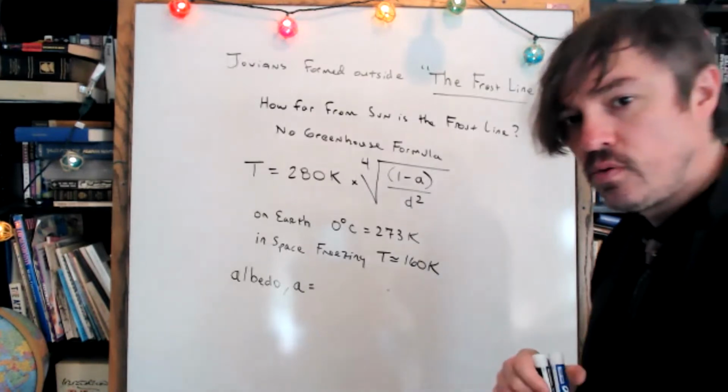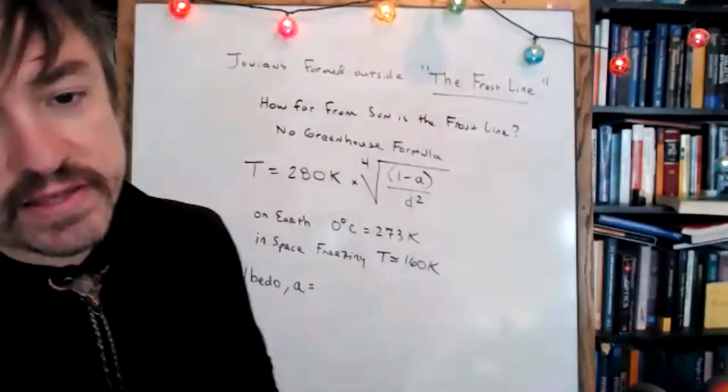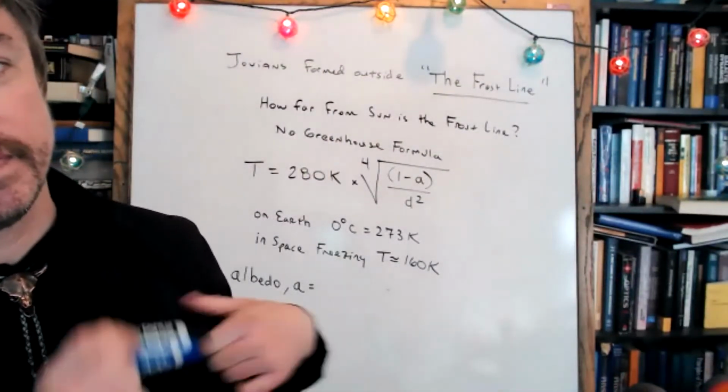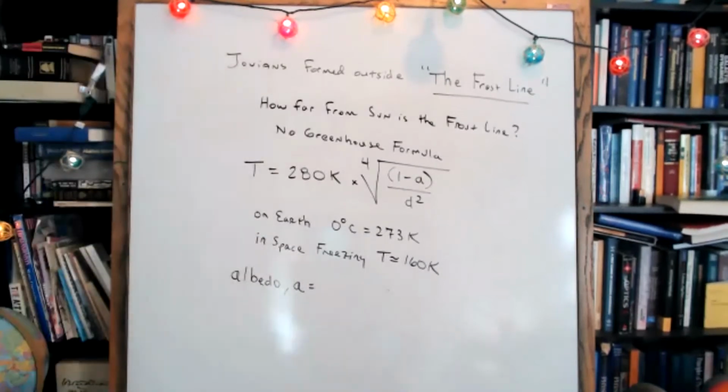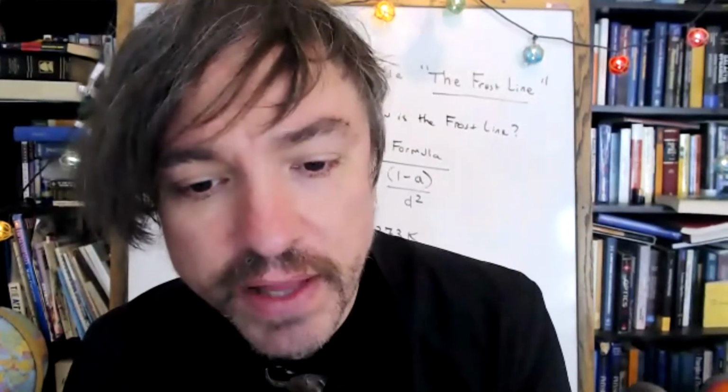Right. Whether it's shiny and reflective or dark and absorptive. Would ice in space be shiny and reflective, or would it be dark and absorptive? I'd guess dark, but the picture you showed us had shiny ice on the moon or on Ceres. It did look shiny on the surface of that planet, and I agree.